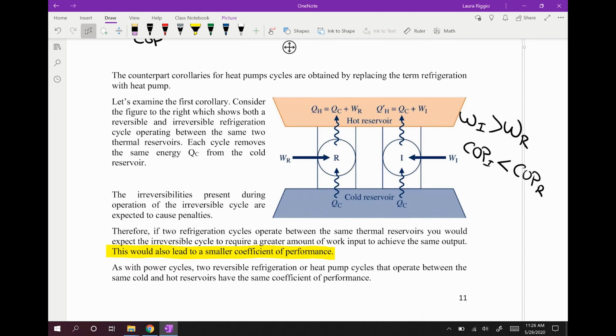Therefore, if two refrigeration cycles operate between the same thermal reservoirs, you would expect the irreversible cycle to require a greater amount of work input to achieve the same output. And since we have to put more work in to get the same output, we will have a lower coefficient of performance. As with power cycles, two reversible refrigeration or heat pump cycles that operate between the same cold and hot reservoirs have the same coefficient of performance.